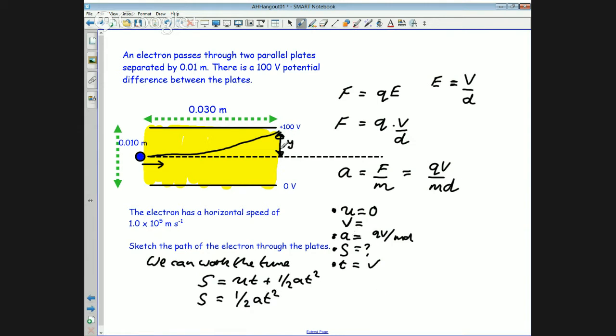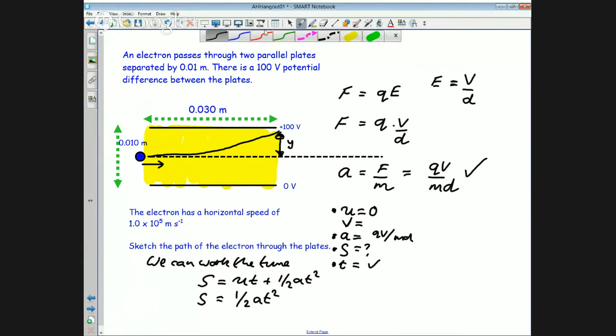And we can work out that vertical displacement s, which we'll call y. So take a half, multiply it by the value of the acceleration you worked out, and then multiply it by the time it's spent in the electric field. So we know the speed it entered with, and we know the distance in the field, then we can work out the time. I'll not do the whole problem to bore you, but that's the root of doing the problem.